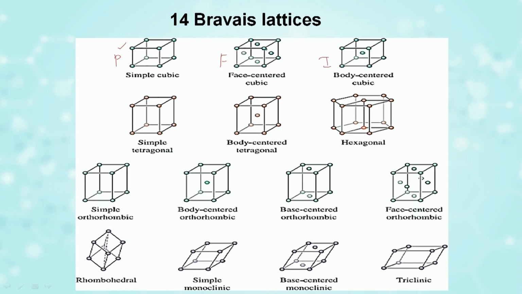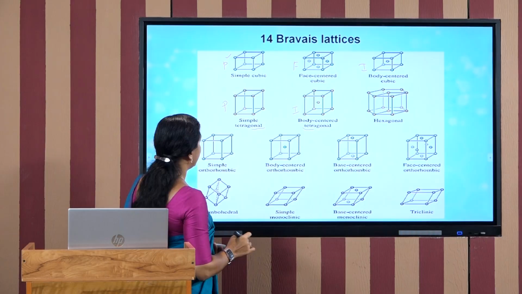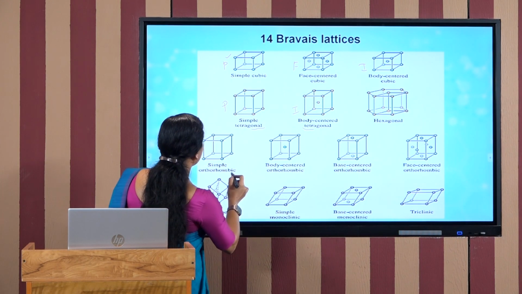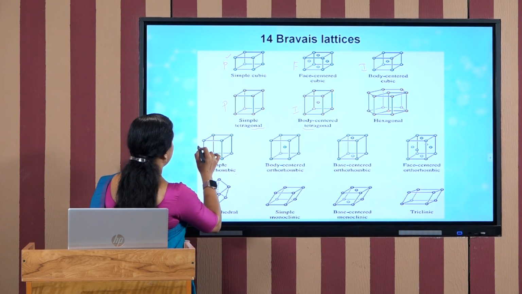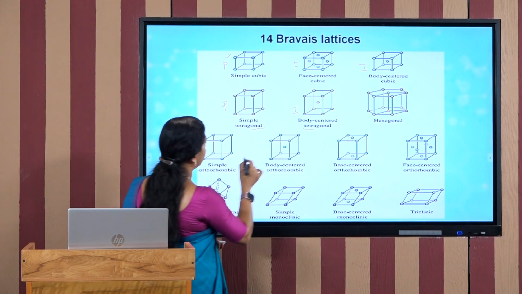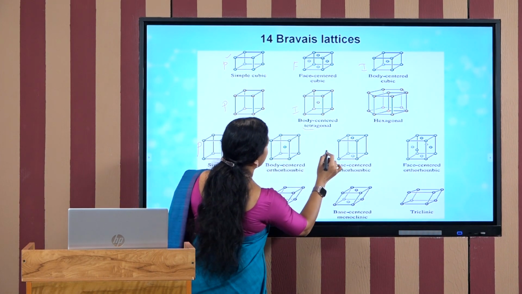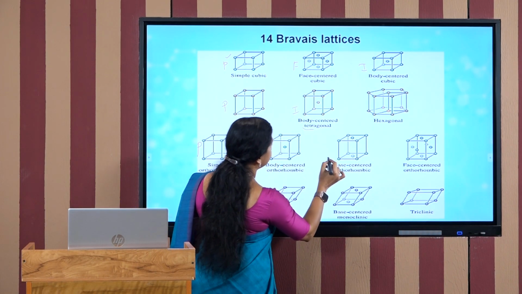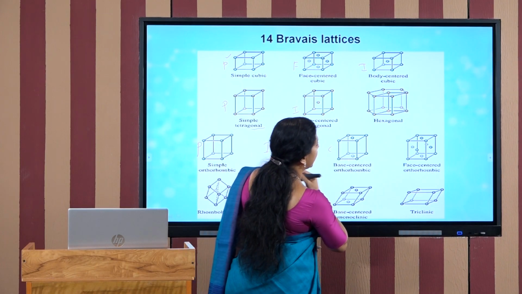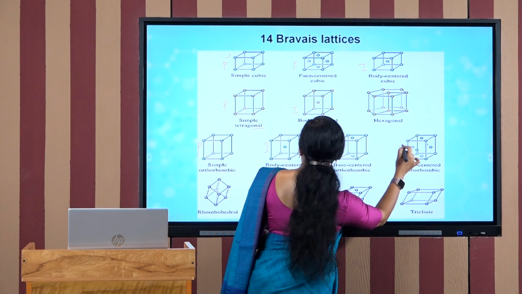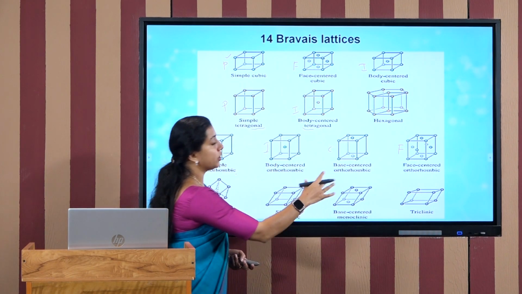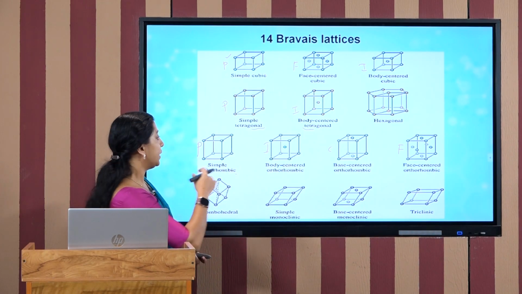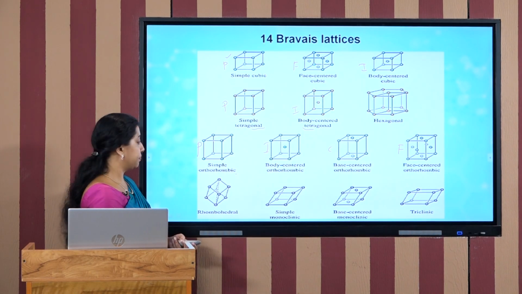Now, if we consider the tetragonal system, we have the primitive type and also body centered. When we consider the orthorhombic system, you can see that it corresponds to a primitive one, a body centered, a base centered and also a face centered. All the 4 types of unit cells are present in orthorhombic system.